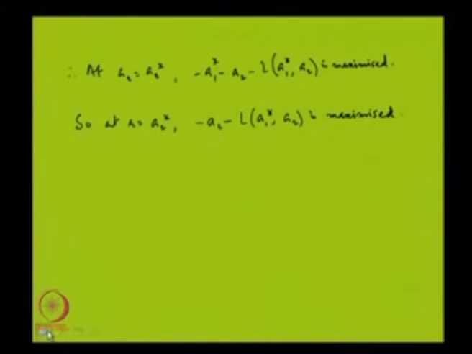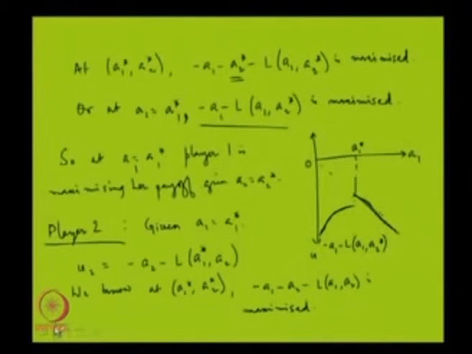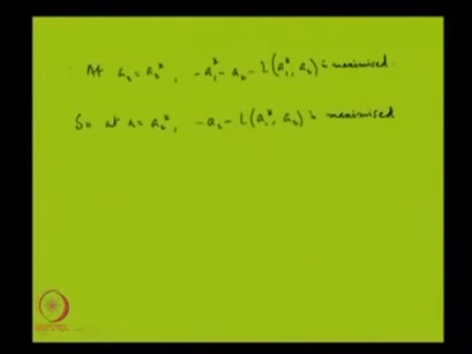What we have found is that this is the payoff function of player 2 and this is maximized at A2 is equal to A2 star. So, if A1 is equal to A1 star, A2 is equal to A2 star is the best action, the optimal action for player 2.